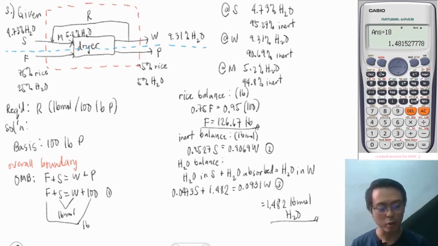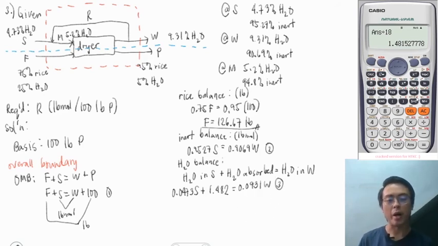We were able to obtain the third equation by playing around the given, because we cannot directly solve for the water balance if there's a mix between pounds and pound moles in the unit. So equations number 2 and 3 are both now in pound moles. We can now solve them simultaneously.